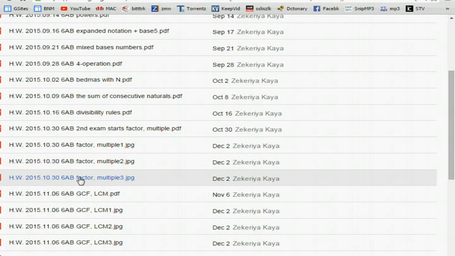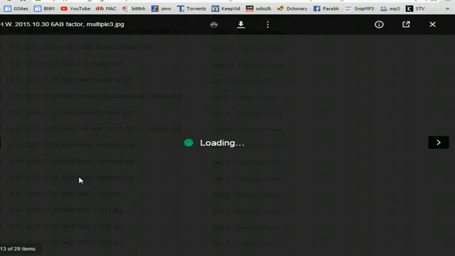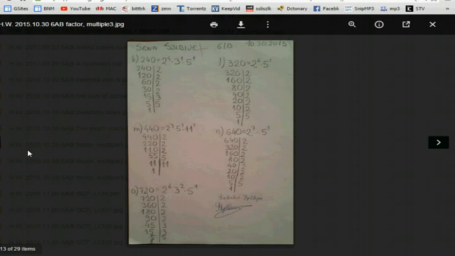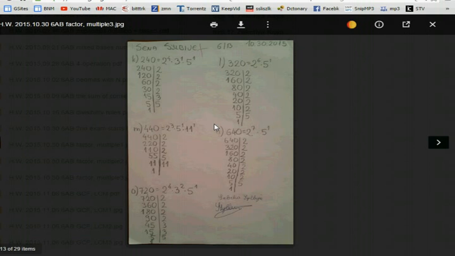For example, if I click here, about the homework 10:30, there will be some answers. Look at that. This is about finding the prime factorization of a number. All the homework documents are in the site, also their answers.